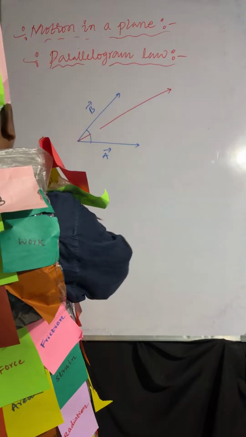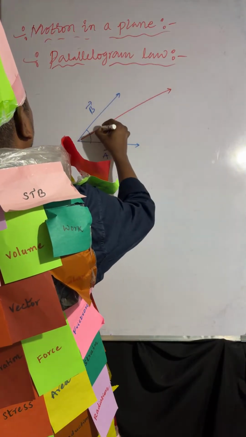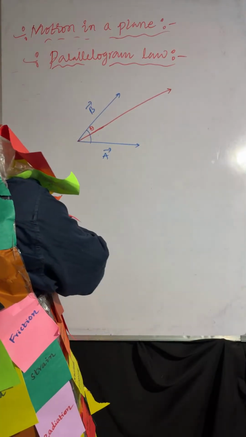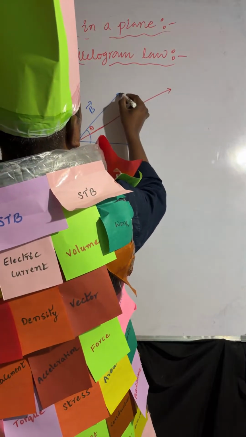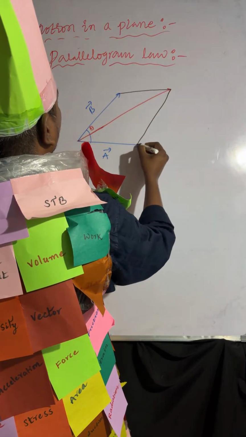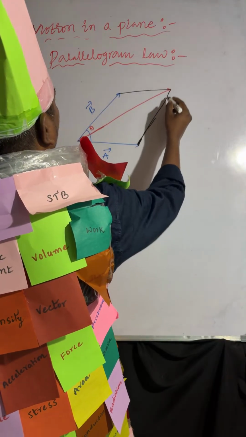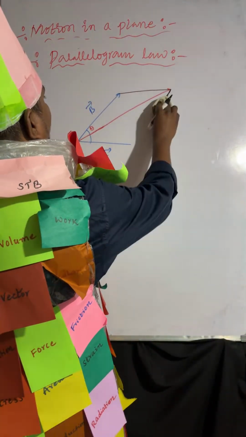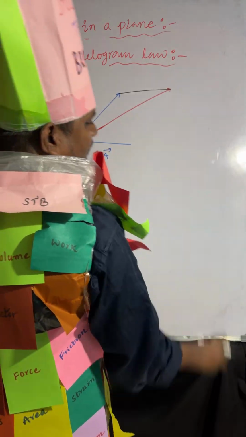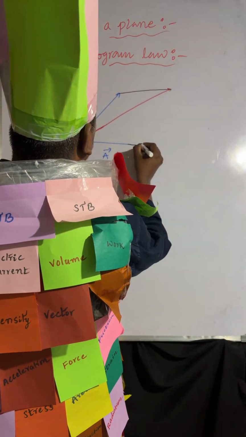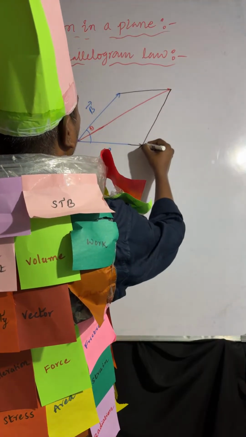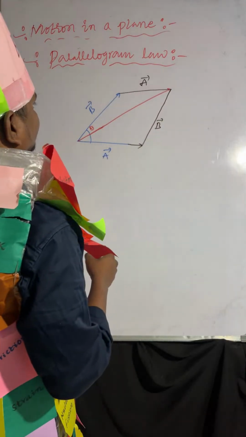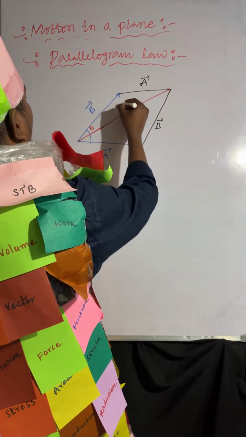So here you can observe this is theta. Now I am drawing A bar along this one and B bar. So this is A bar and this one is B bar. This is the resultant R bar.